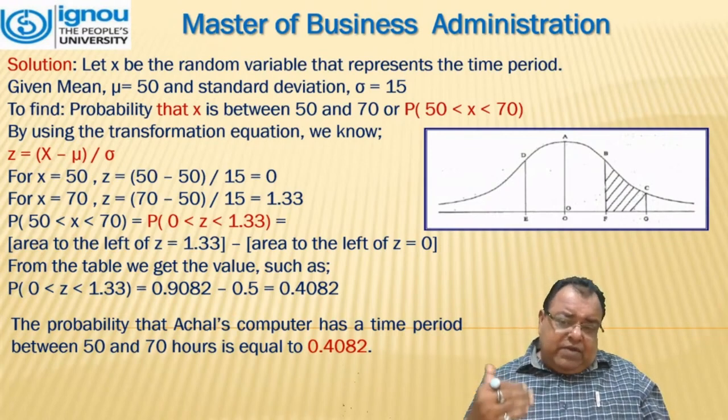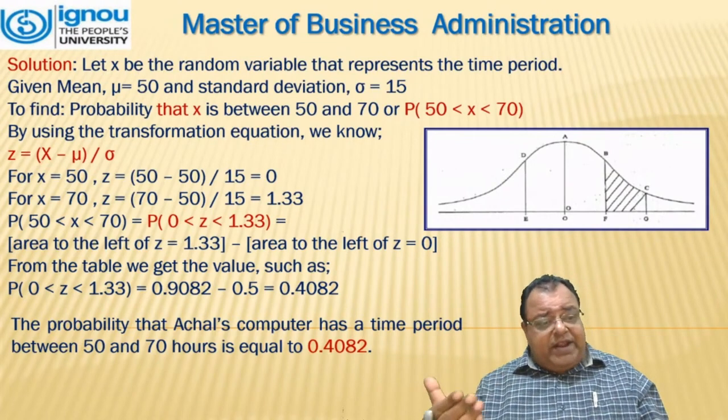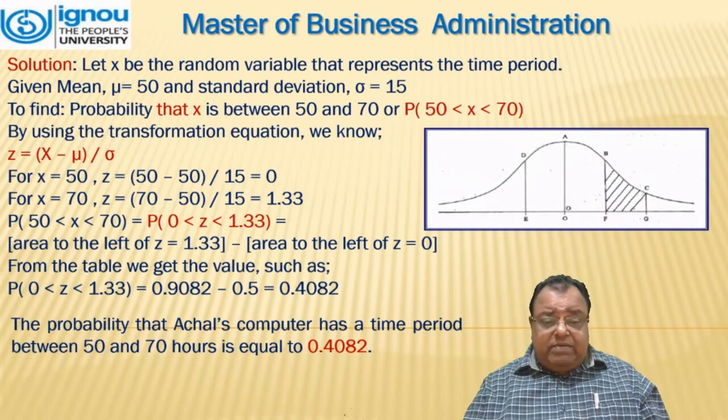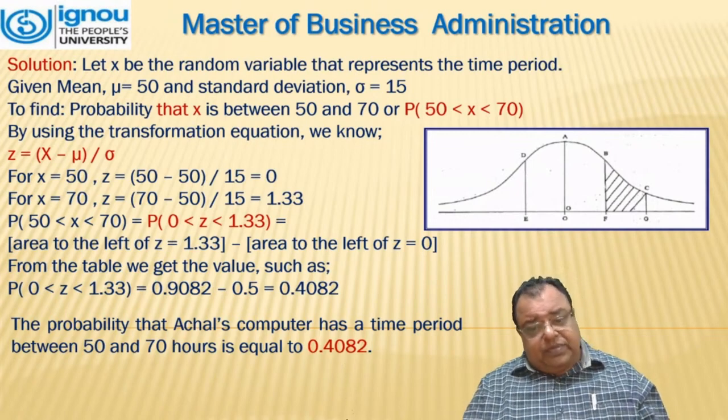Now, we will transform 50 and 70 into z form. When x is equal to 50, z will be 50 minus 50 upon 15, that is 0. And when x is equal to 70, it will be 70 minus 50 divided by 15, which comes out to be 1.33.